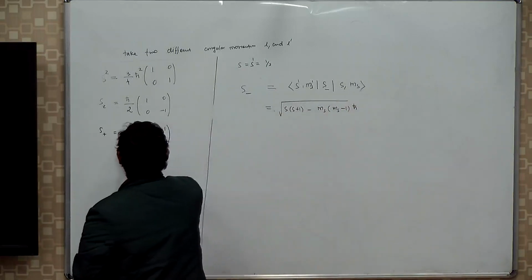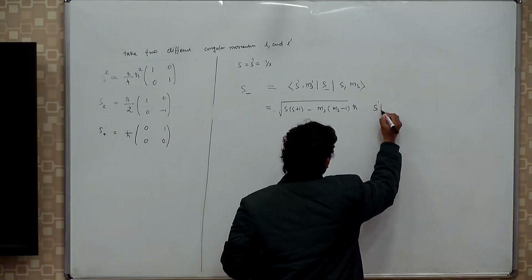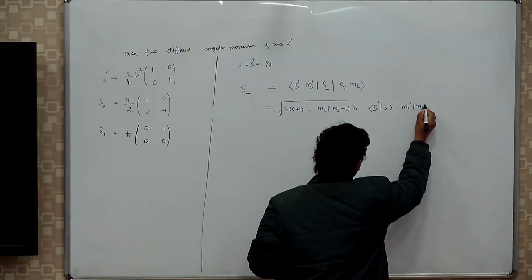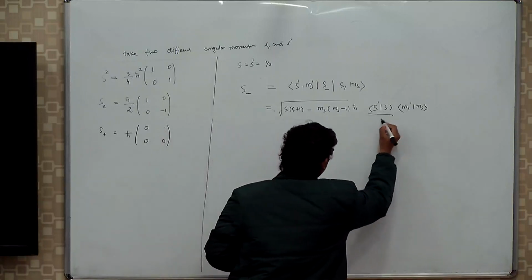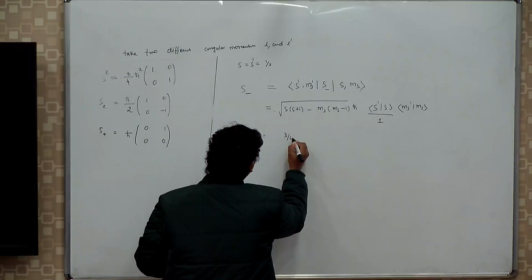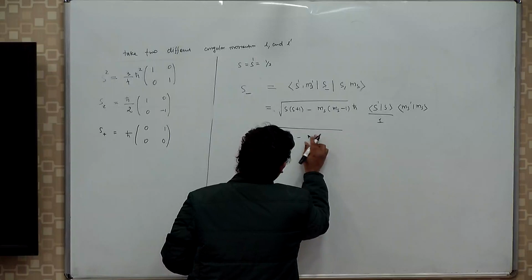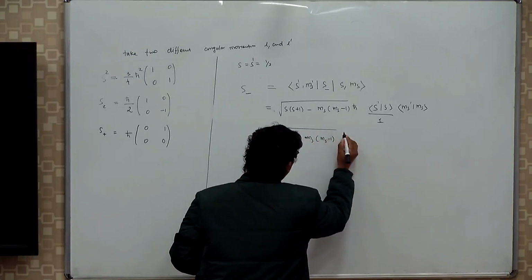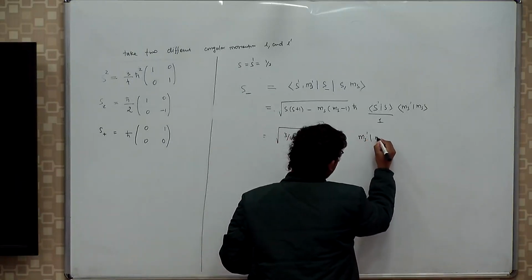So h cross is here, then S dash S, ms dash ms. This term will become 1. Again this will become square root of 3 by 4 minus ms of ms minus 1, h cross, ms dash ms.